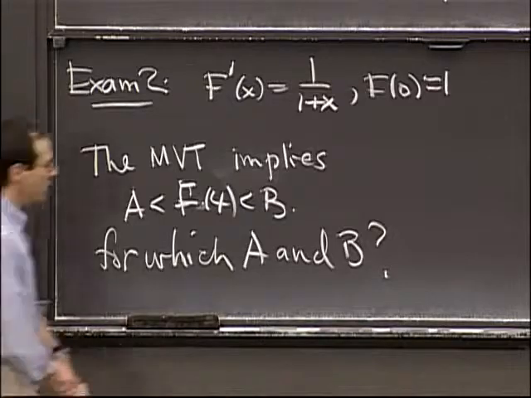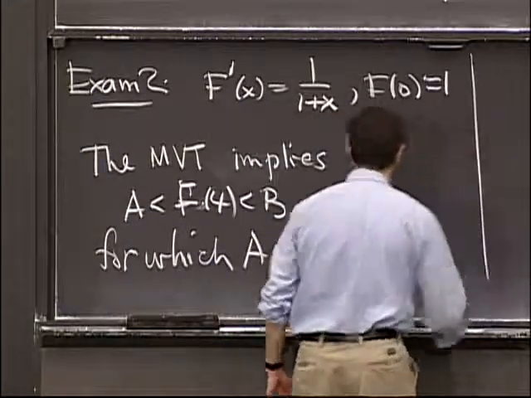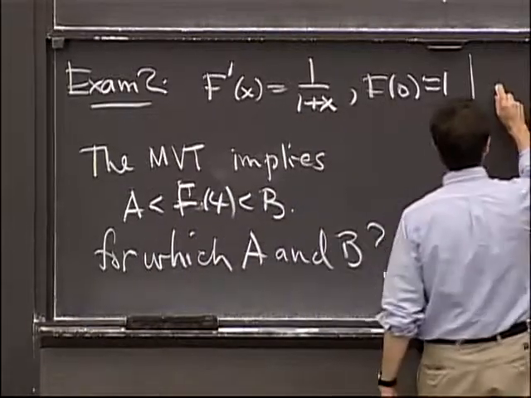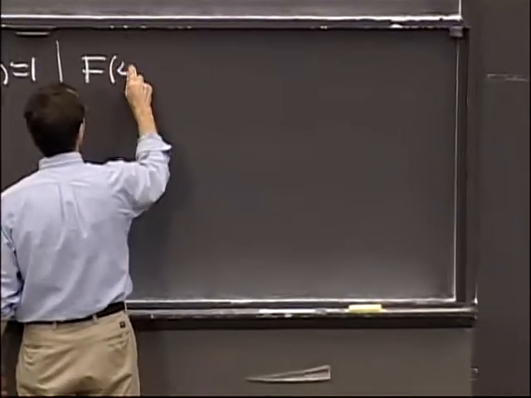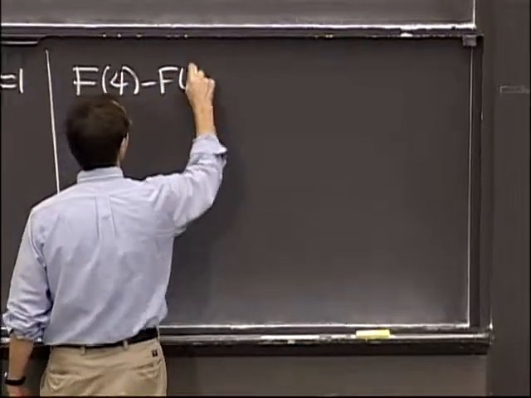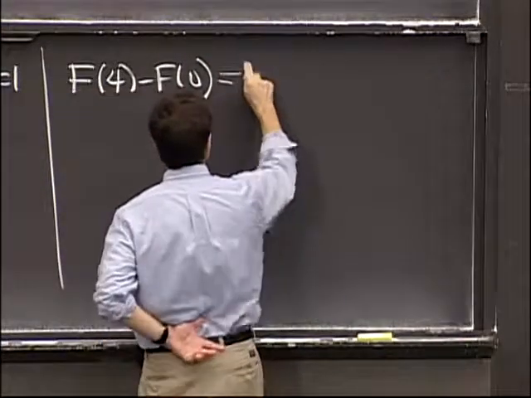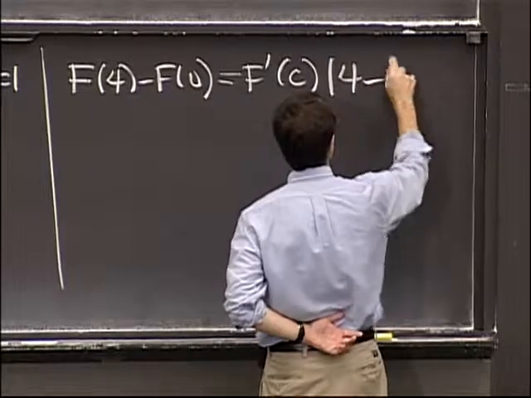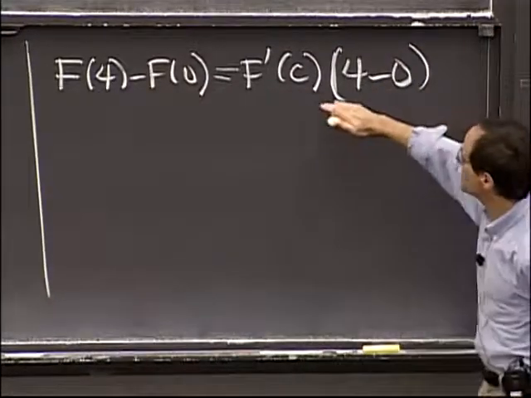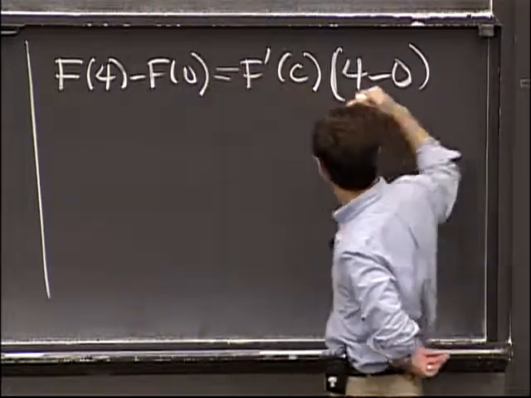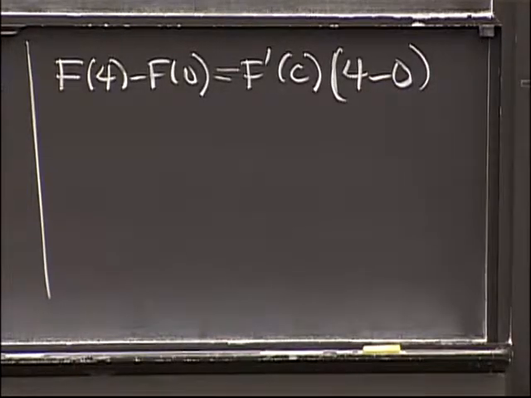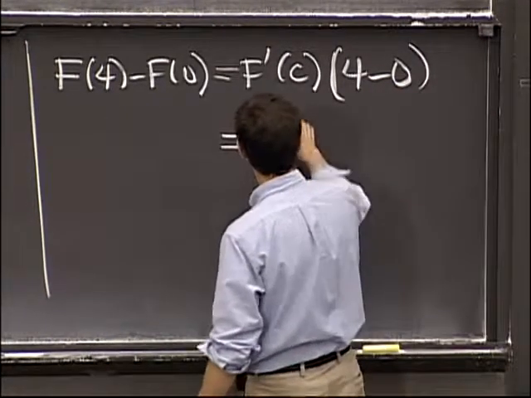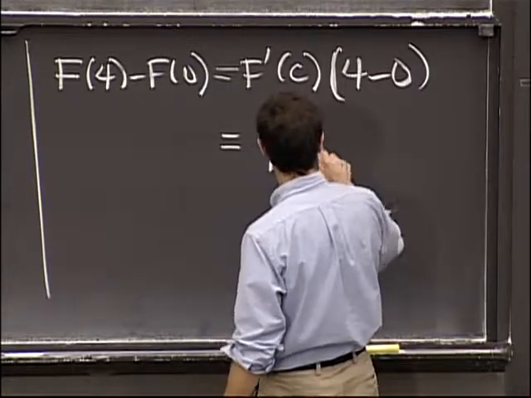So let's take a look at what it says. Well, the mean value theorem says that F of 4 minus F of 0 is equal to F prime of c times 4 minus 0. This is this F prime times delta x. This is the change in x. And that's the same thing as 1 over 1 plus c times 4.